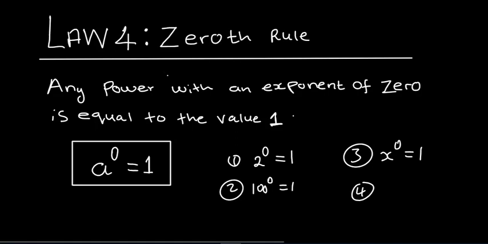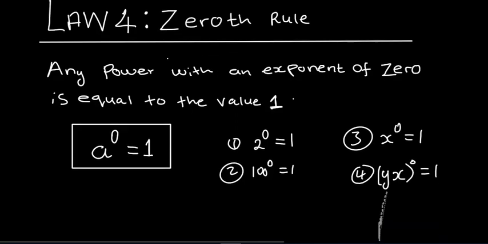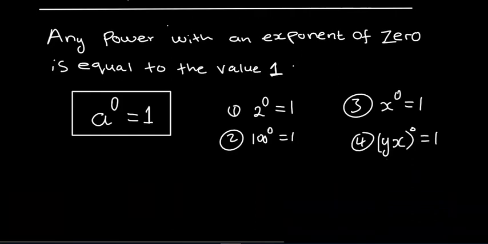If you've got y, x, all of them to the exponent of 0, that equals 1. Right, so it just doesn't matter what number you have, as long as it's to the exponent of 0, that's equal to 1. And then again, it means that any 1 can be rewritten as any number to the exponent of 0.